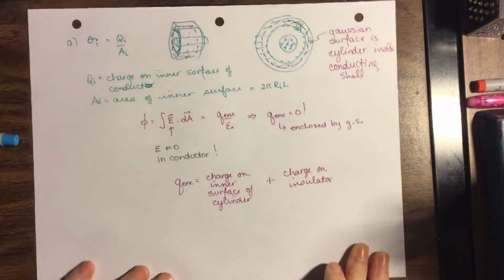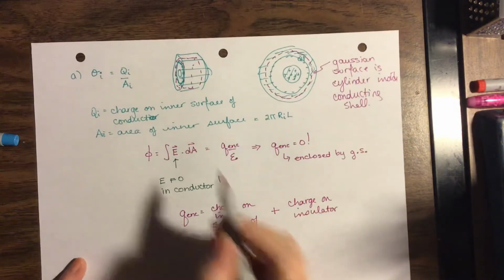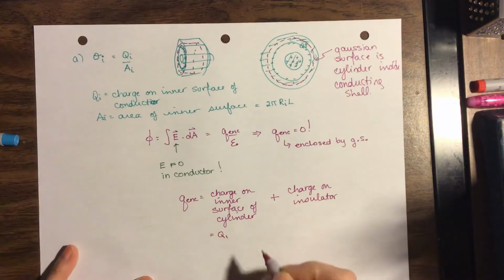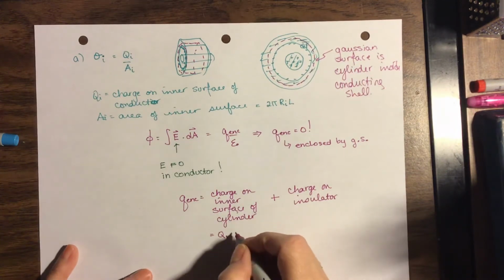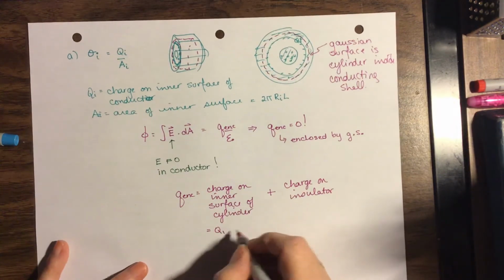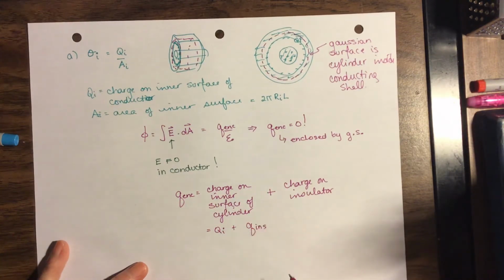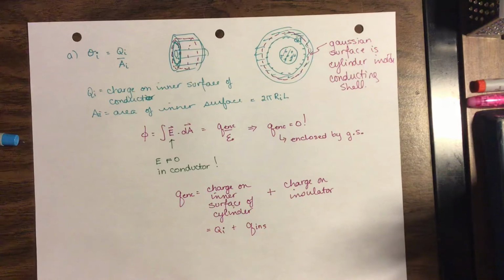Let's see what we've got in symbols. Charge on the inner surface of the conducting cylinder, I called that Qi. Charge on my insulator, for the moment I'm going to call that Q ins. Let's see if I can figure out what that is.